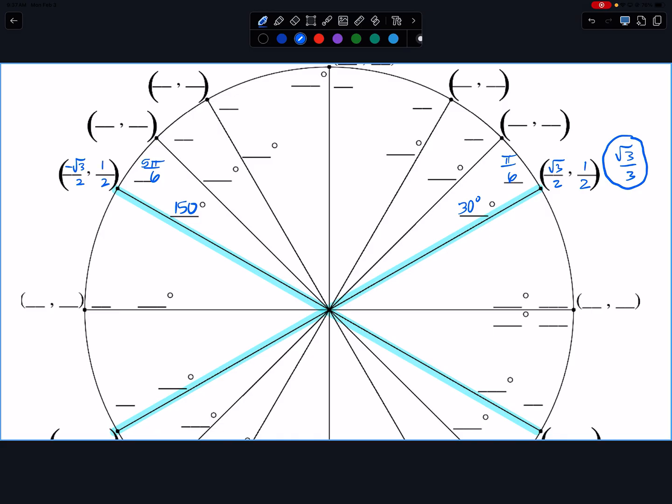Does that make sense? All right, and then tangent. Remember, tangent is y over x. So it's going to be the same number, but we have to think about what's a positive divided by a negative. Negative. So the tangent is going to be negative square root 3 over 3.